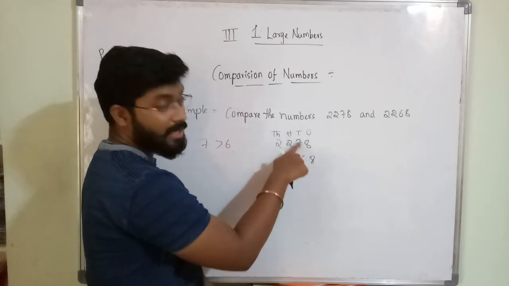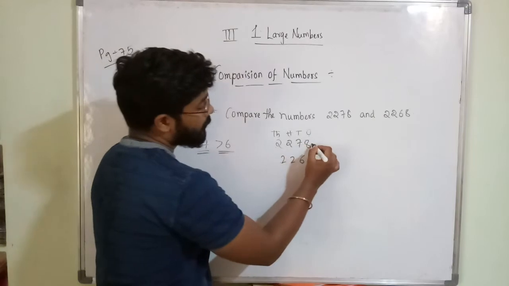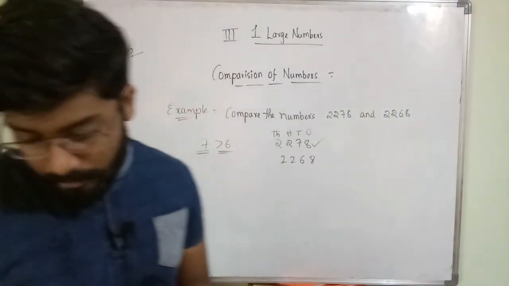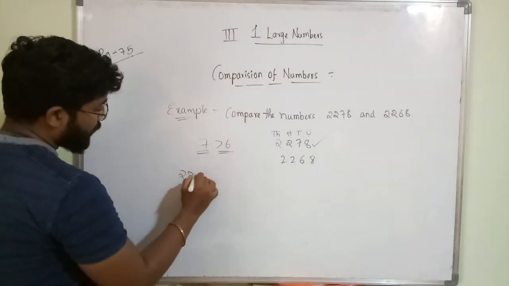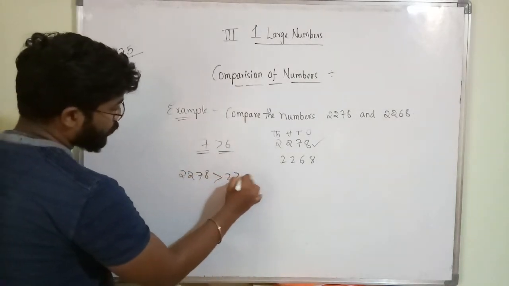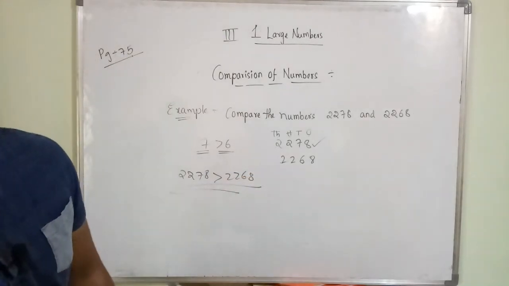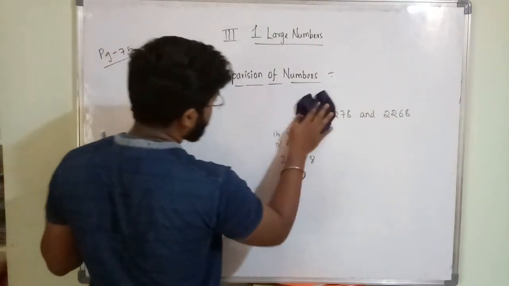As 7 is greater than 6, this is the greatest number. That's why 2278 is greater than 2268. Clear? This is given in your fourth example. Like that you should understand.